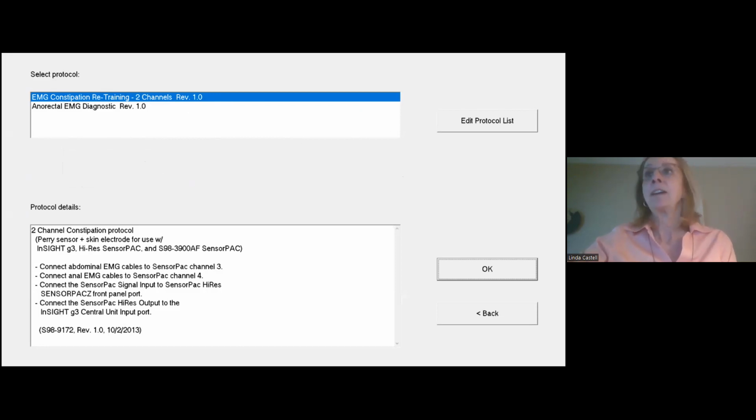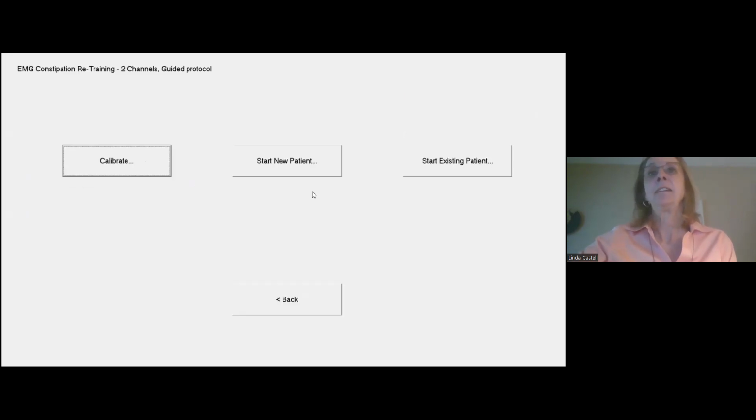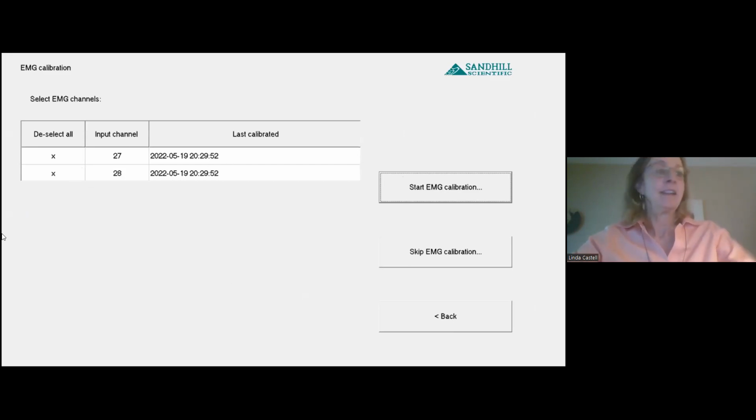So I will click on that. Okay. And to calibrate, it's really easy to calibrate. We have 2 channels. So I'm going to start EMG calibration. And on our box, there's a high and a low. The computer wants to know a low value, which is 0 microvolts.